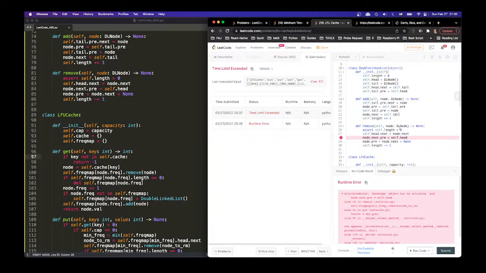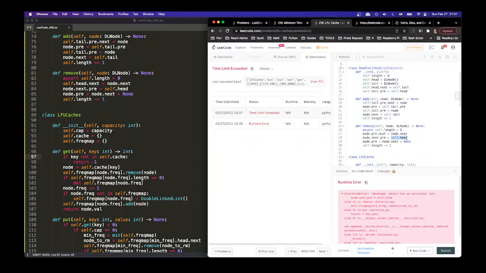In order to remove the node, right? The node could be anywhere. Oh, that is not correct. When you remove a node, it shall be node, my bad, node.pre.next equals node.next.